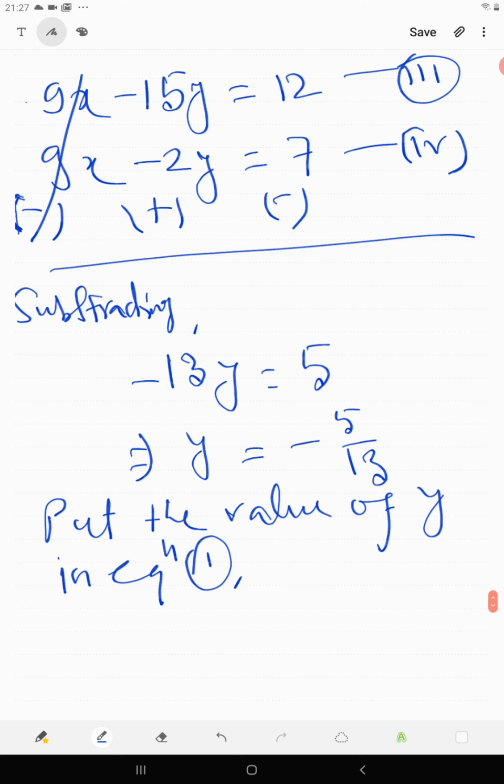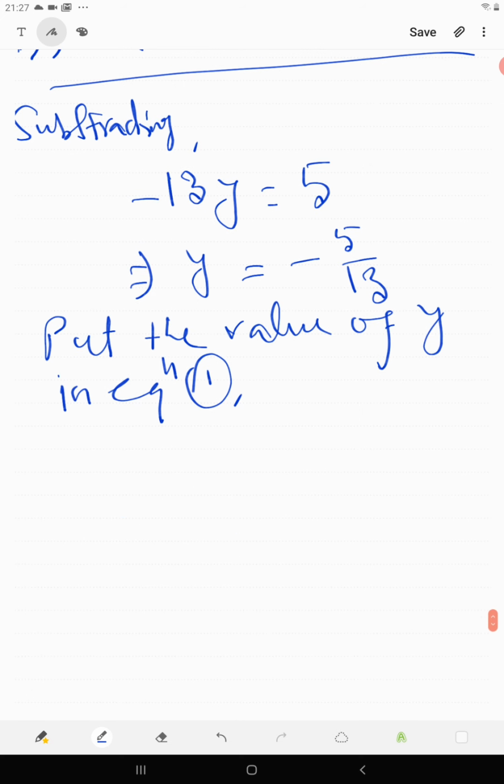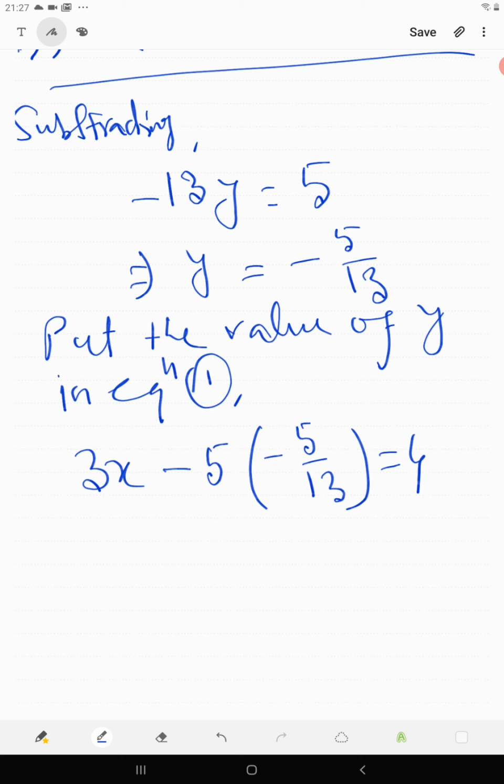What we'll get? We'll get 3x minus 5 into minus 5 by 13 equals 4. So we summarize 3x. Now minus minus multiplication, so it will be plus 5 into 5 is 25 by 13 equals 4.